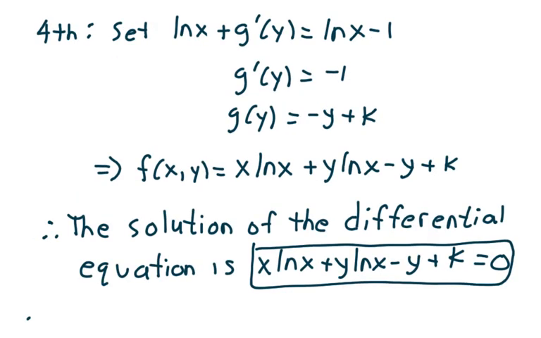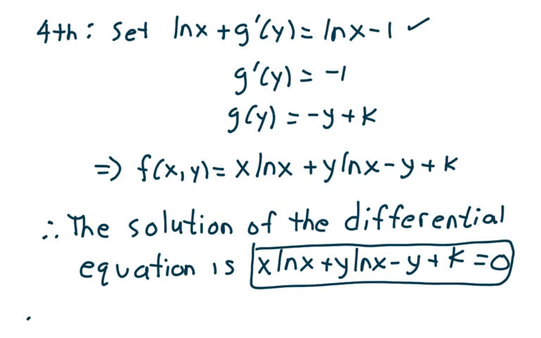Set the natural log of x plus g prime of y equal to the natural log of x minus 1. And so g prime of y equals negative 1. So g of y is negative y plus k. And if we put that all together, we get f of x, y is equal to x natural log of x plus y times the natural log of x minus y plus k.